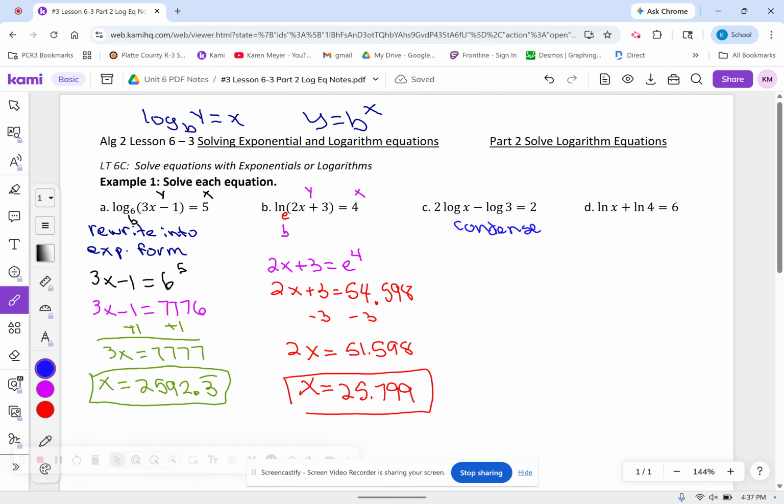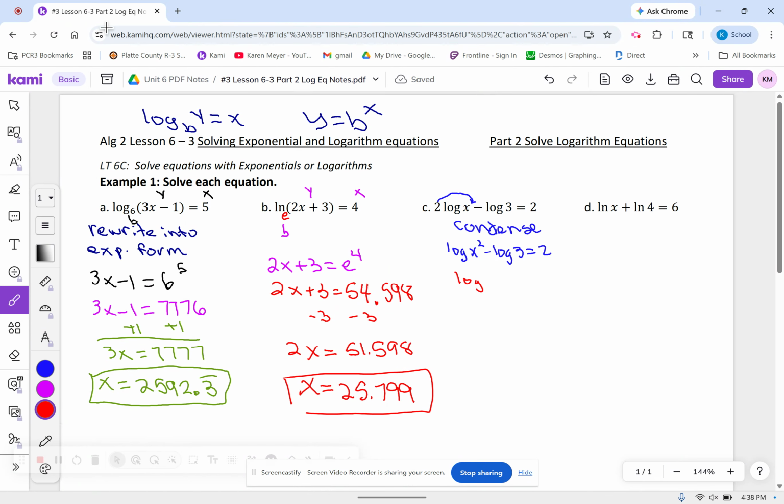So any numbers in front of the log get to be moved up as a power. So I will have log x squared minus log 3 equals 2. And then if you see subtraction, remember subtraction changes to division.